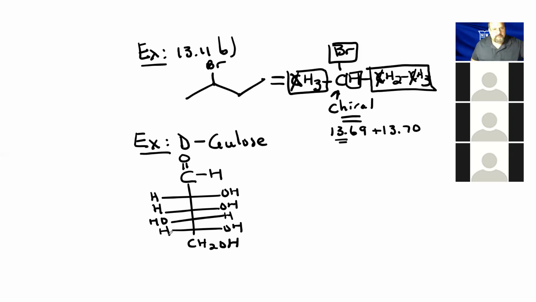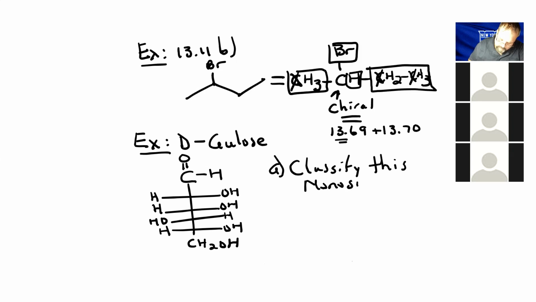All right. So one of the things you should be able to do, and we'll call this letter A, is classify this monosaccharide. Now, what do I mean when I say classify this monosaccharide?